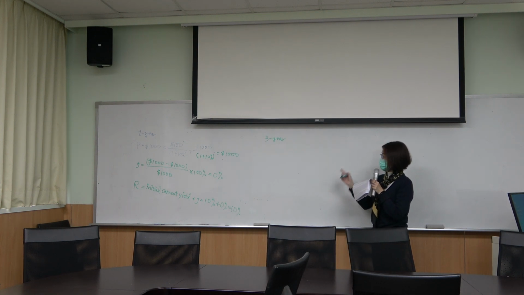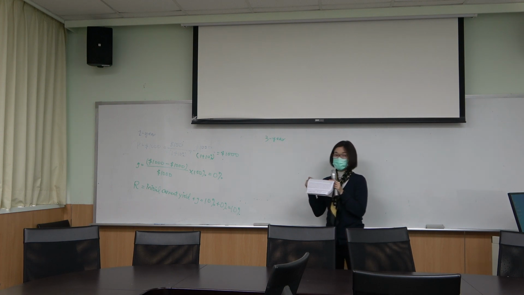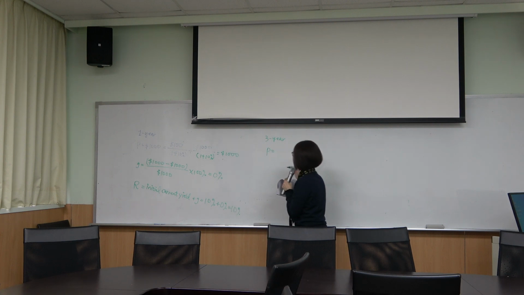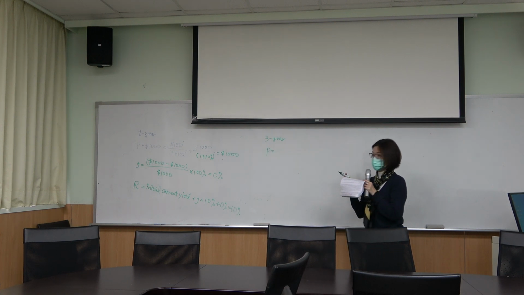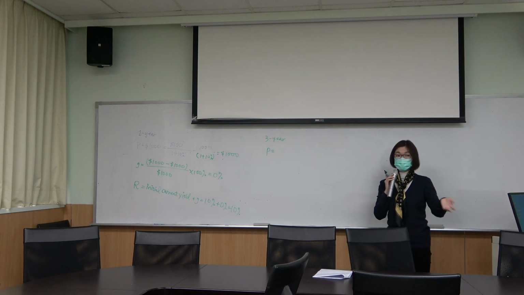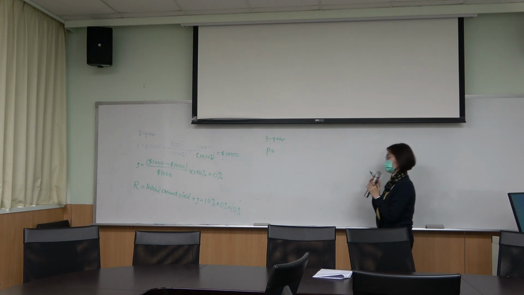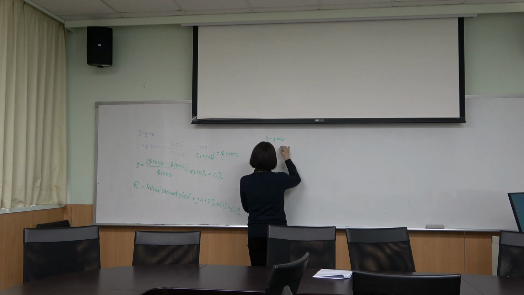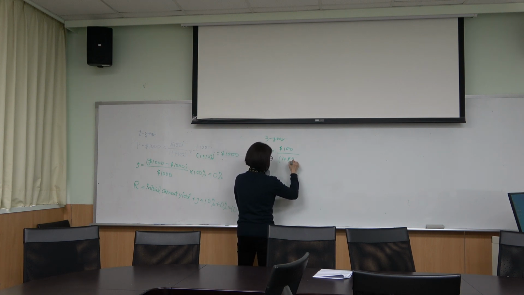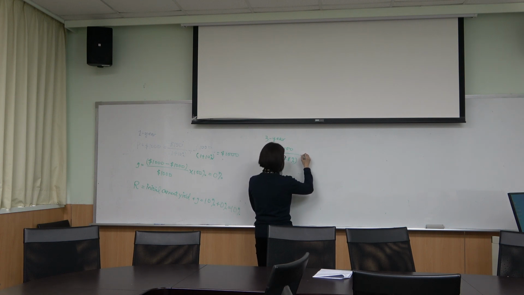Actually starting from the 2 year case, we just use 8%. For the 3 year bond, we just hold it for 1 year. So the remaining number of years is 2. So during the 2 years, we use 8% to discount.